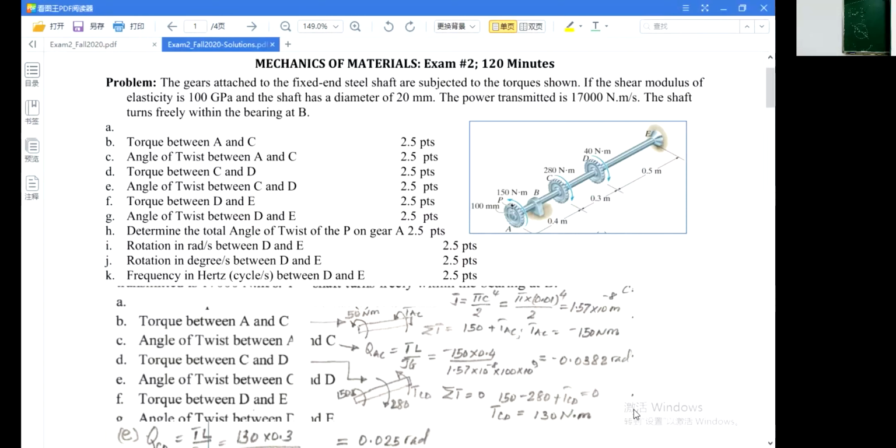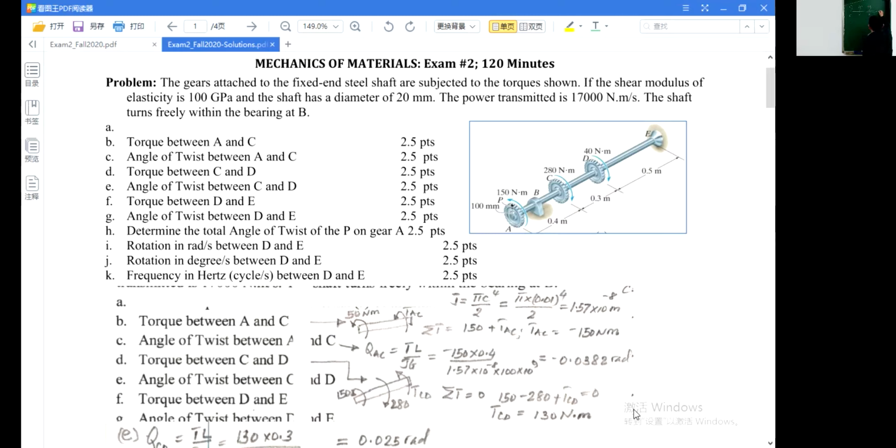TAC is minus 25. The answer is here. It means the shaft at A, at C, is 280, and it is 40.